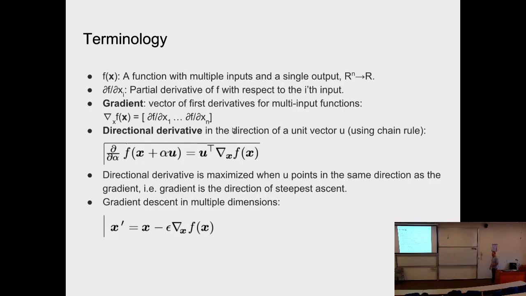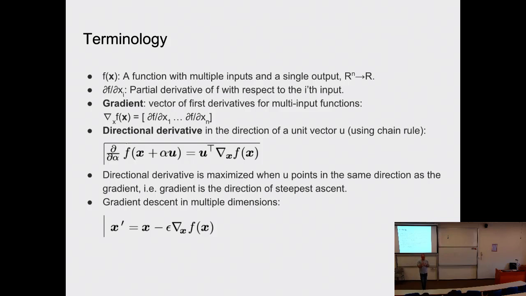Okay, so next, let's talk about the directional derivative. The directional derivative is, again, a single number, but I choose a direction. So I say, here's the direction I want to move in. If I move in this direction by epsilon, how much is my function going to change? So u is the direction. u is the unit vector representing the direction I want to move in, and alpha is my step size, presumably a very small number.